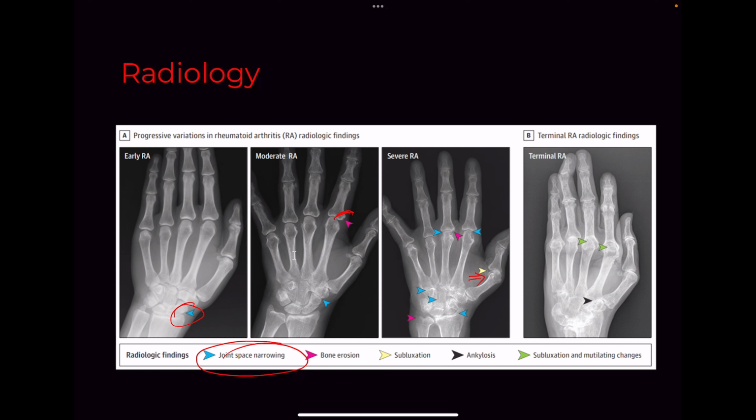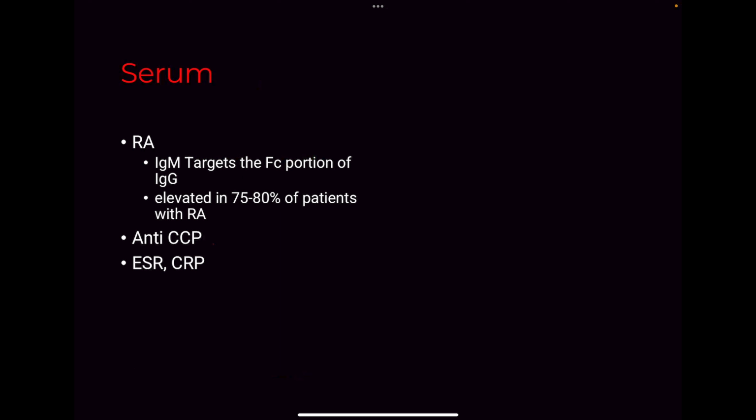And if the subluxation involves several joints, and if the joint looks mutilated, as I was explaining right at the beginning with the X-ray, or as in this case, that is what is called terminal rheumatoid arthritis. The serological way to diagnose this is using RA factor and anti-CCP. But remember, anti-CCP is of late considered more specific and more sensitive as well.